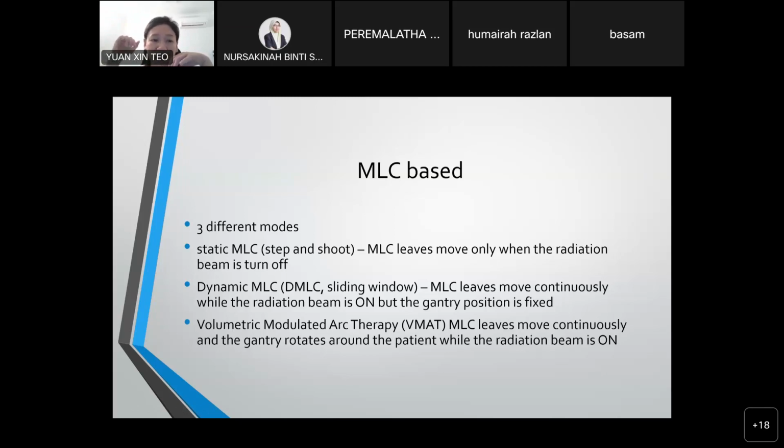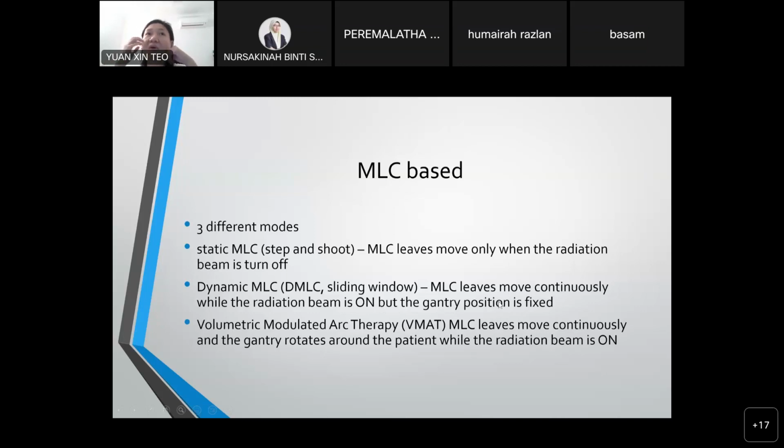For the second type, we call it dynamic MLC, in short DMLC, or sliding windows. In this one, the MLC leaves move continuously while the radiation beam is on, but the gantry position is fixed.